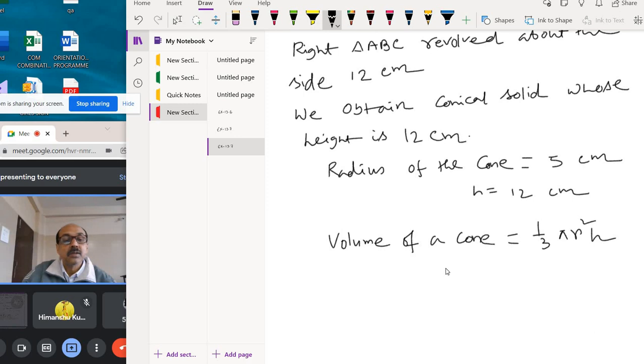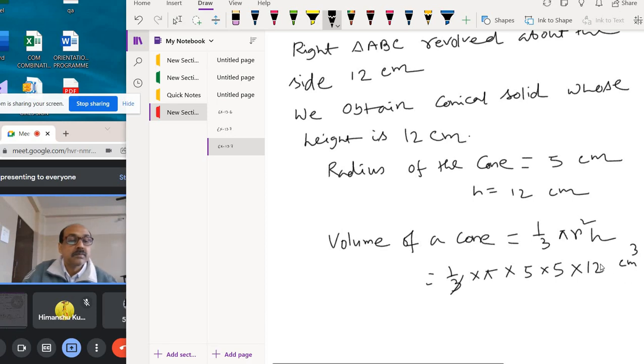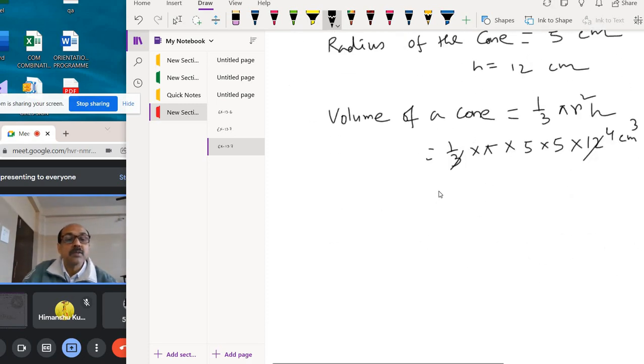So 1 by 3 into pi into r, radius is 5, so 5 into 5, and height is 12, centimeter cube. 3 4 is 12, so 5 into 5 is 25, 25 into 4 is 100, equal to 100 pi centimeter cube.